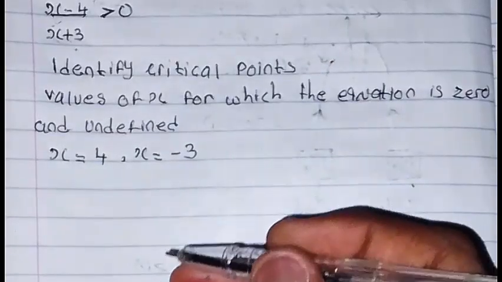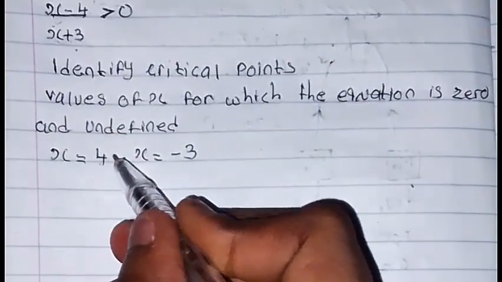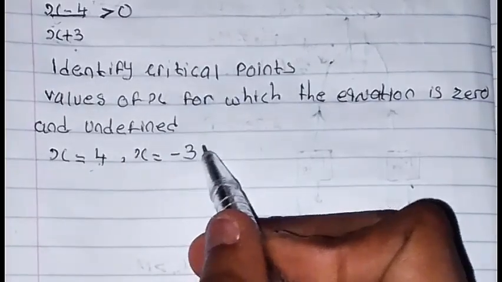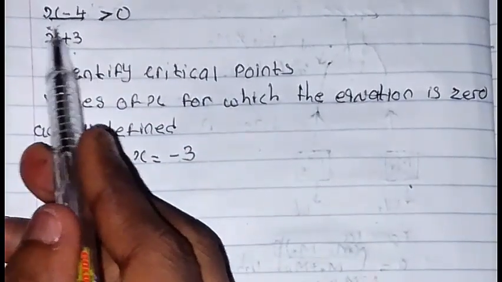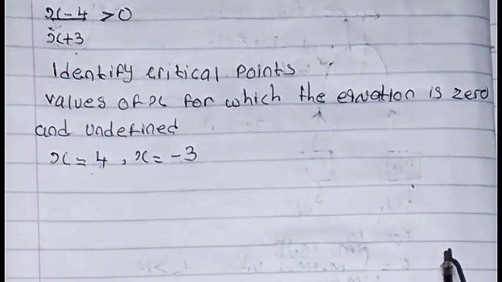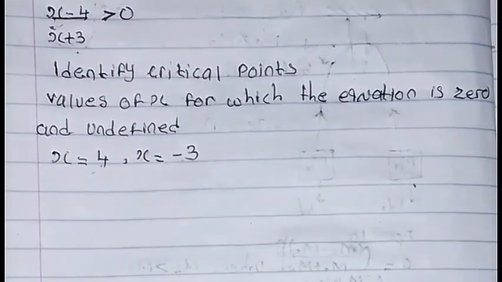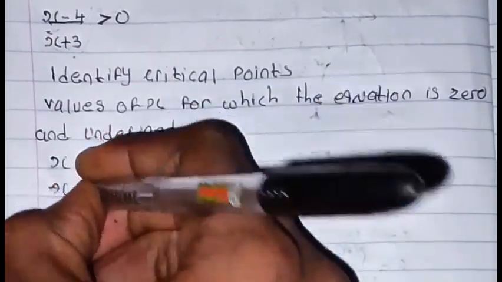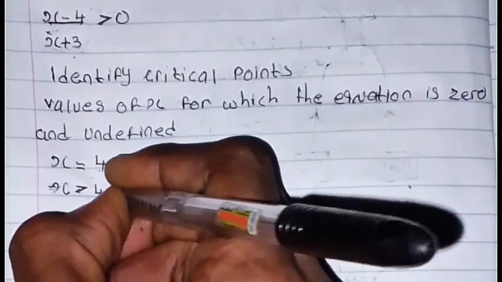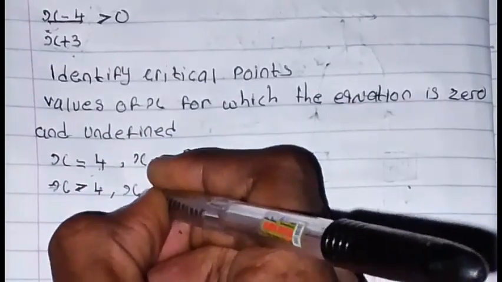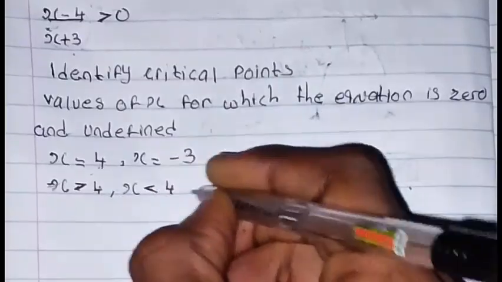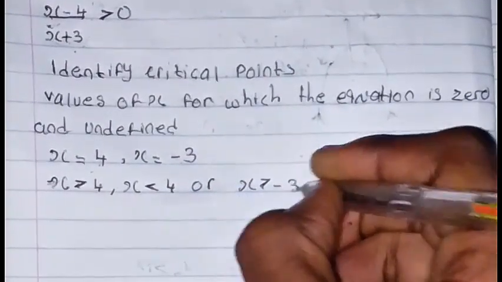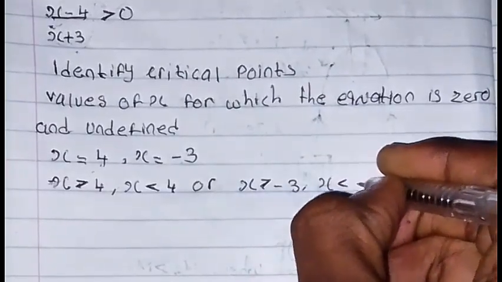So we're simply going to try values greater than or less than 4, and also greater than or less than minus 3, and see which of them will give us a positive fraction. Now let's take a value greater than 4.